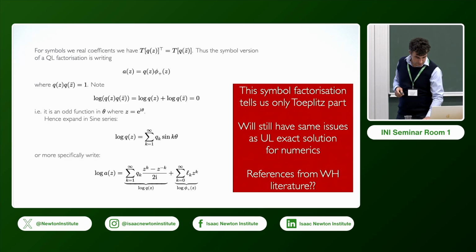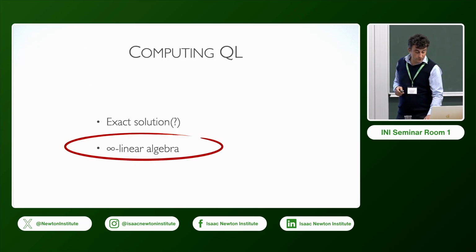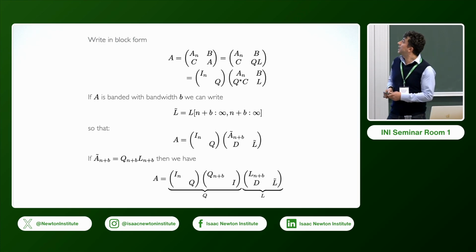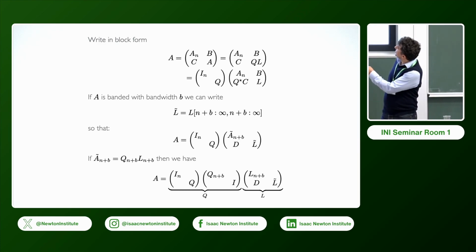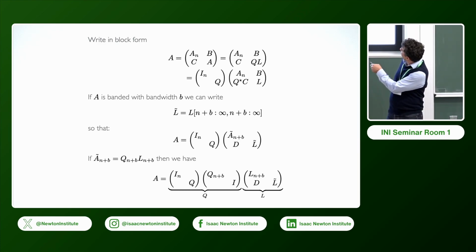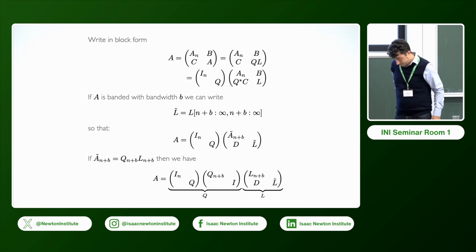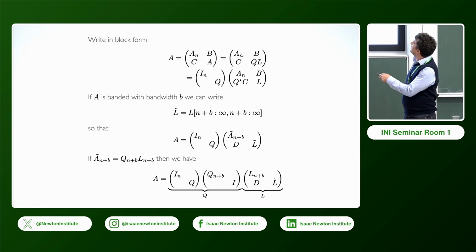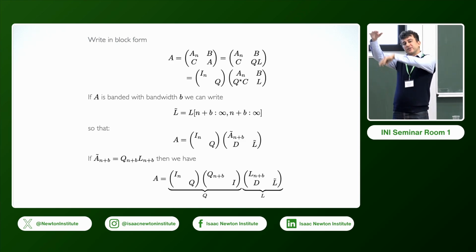Okay. So let's instead focus on our more linear algebra approach. Again, we can take our Toeplitz matrix A and write it with itself embedded inside. Assume we have a QL factorization for that and take that out, and we get this. Now, if A is banded, this B has everything in the bottom left of the matrix.